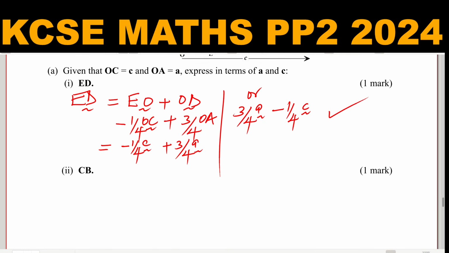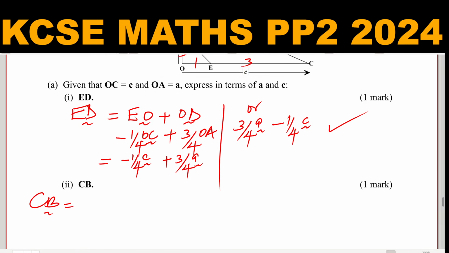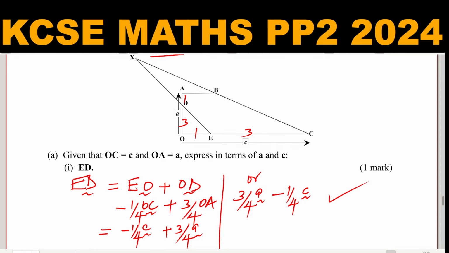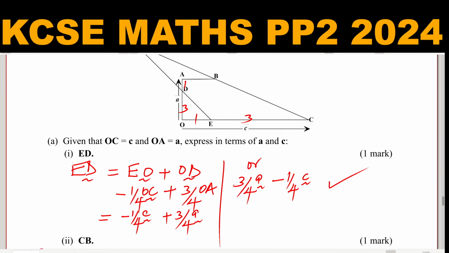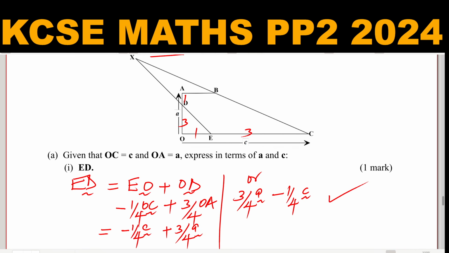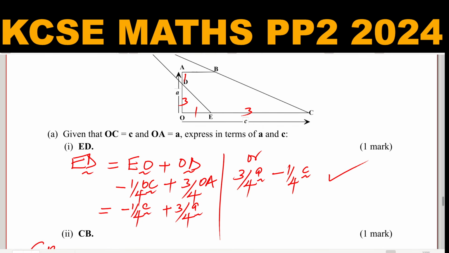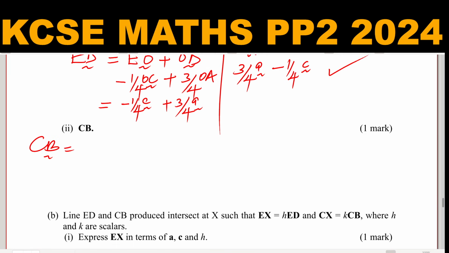The next one is CB. How do you move from C to B? Look at the diagram: C to O, then O to A, then A to B. So CB is CO plus OA plus AB.